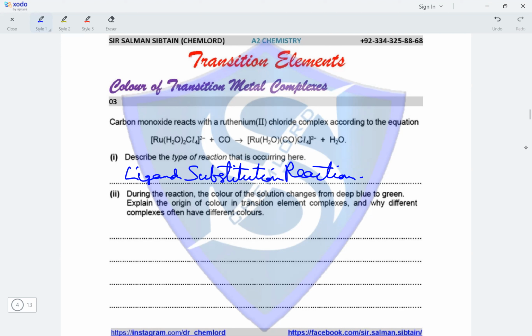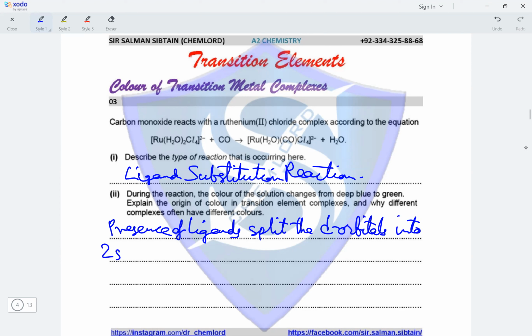So, the presence of ligands splits the d orbitals into two sets with an energy gap between them.